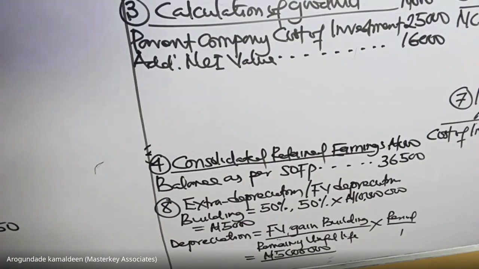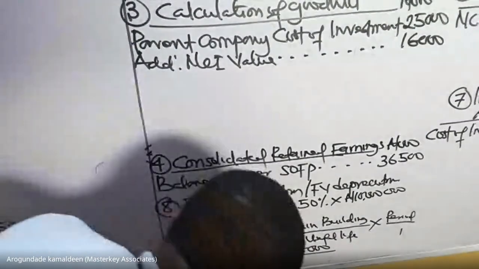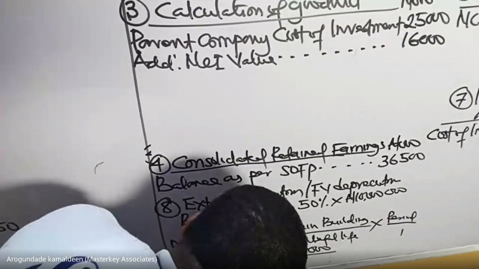Now, how many years have we used on this asset? 4 years? 5 years? Are you sure?